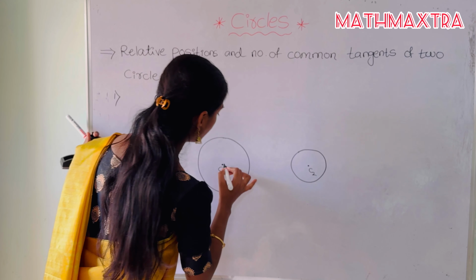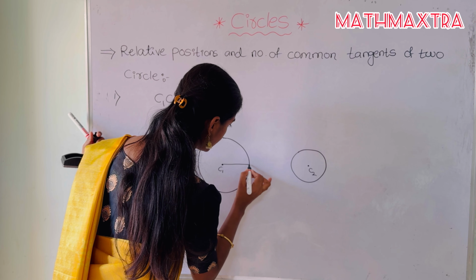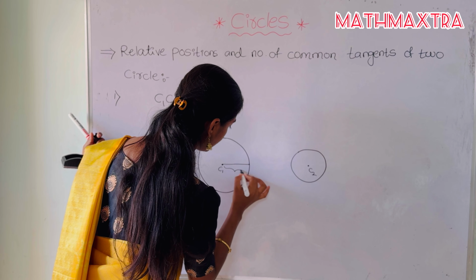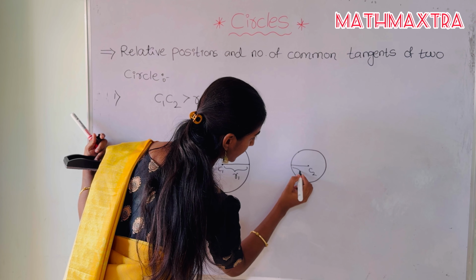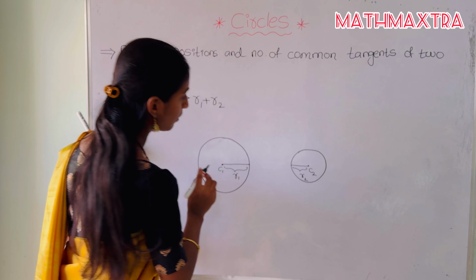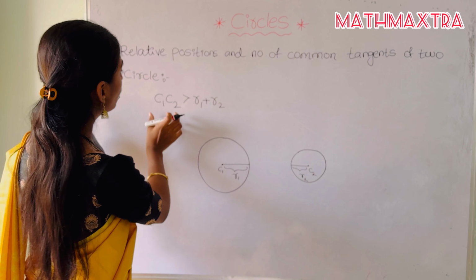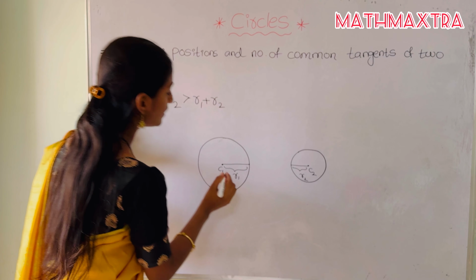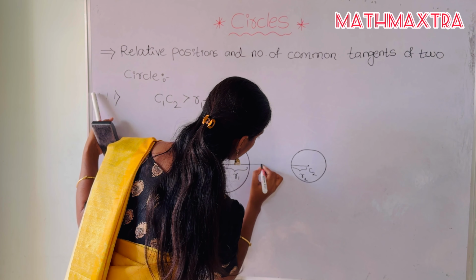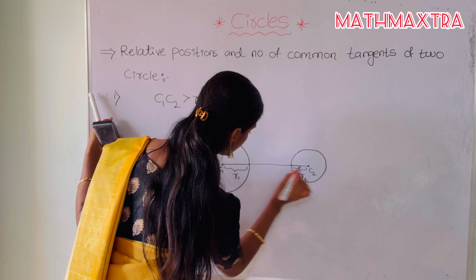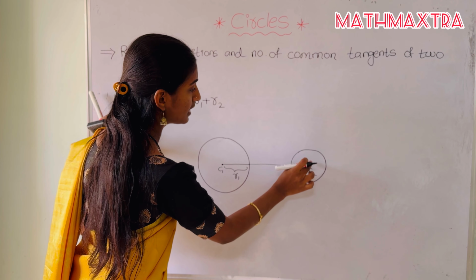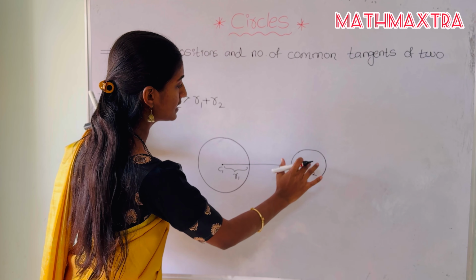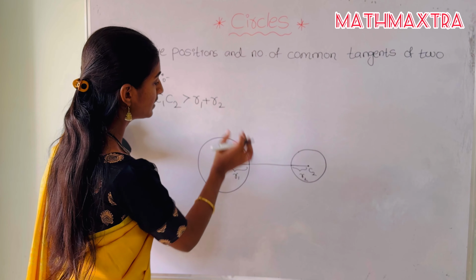This is the radius of the first circle, R1, and this is the radius of the second circle, R2. Now see what is given: C1C2 is this complete distance from the center of this circle to the center of this circle. If this distance is greater than the sum of the radii.